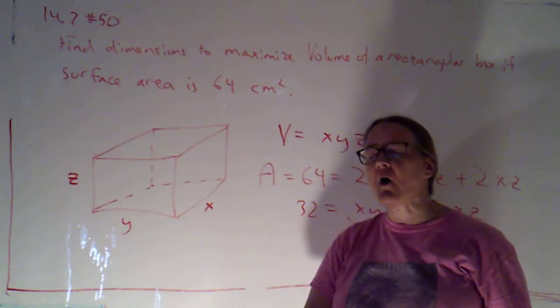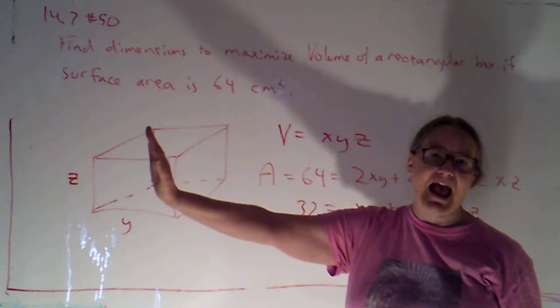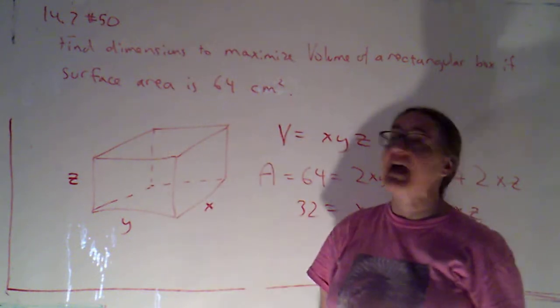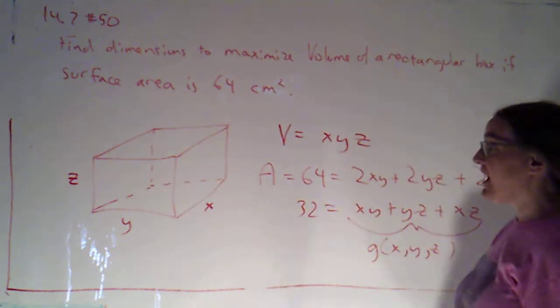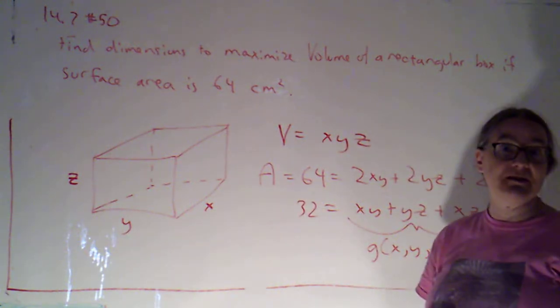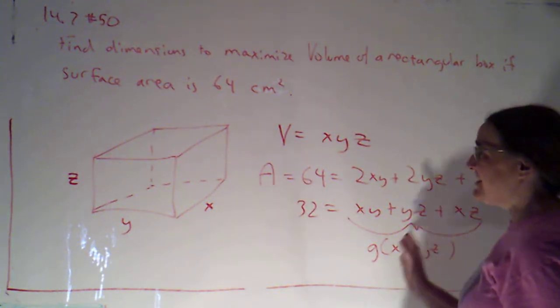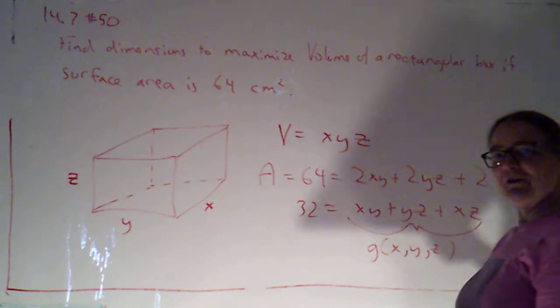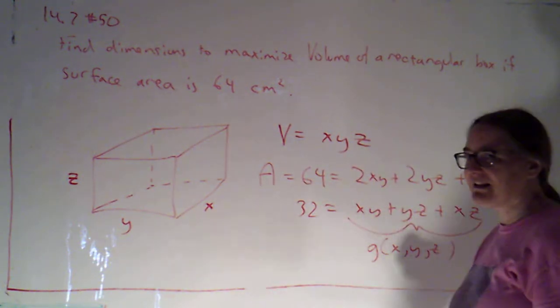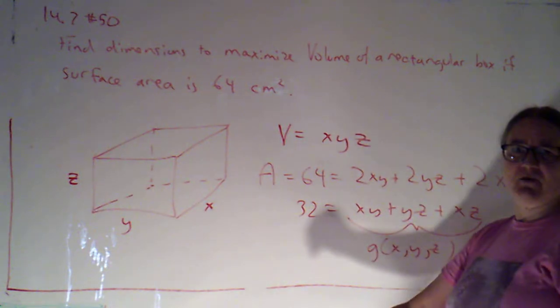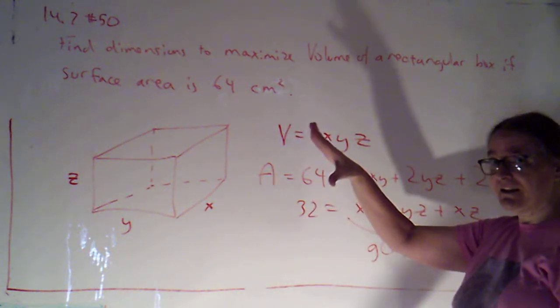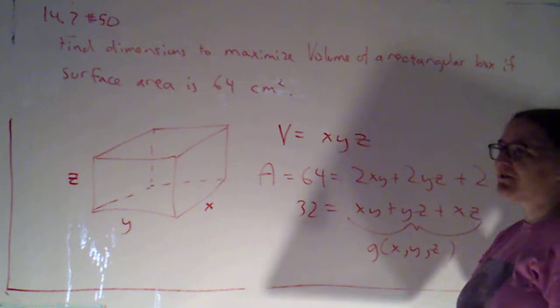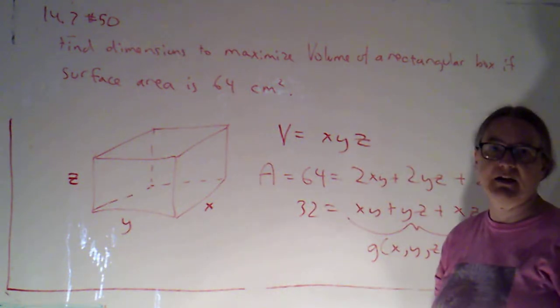So I know I'm not approaching a max as I'm approaching that from anywhere in the first octant, which is where x, y, and z are positive. So in fact, since I know that the volume is 0 at those places, I know as I'm getting closer to any of the coordinate planes, my volume would actually be decreasing to 0 because it's positive in the first octant and it's 0 on any of those coordinate planes.